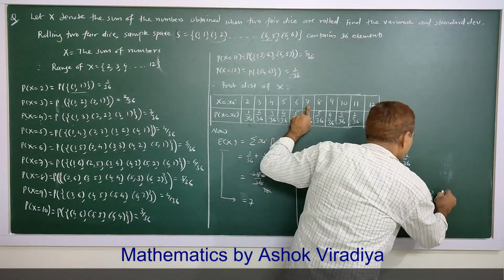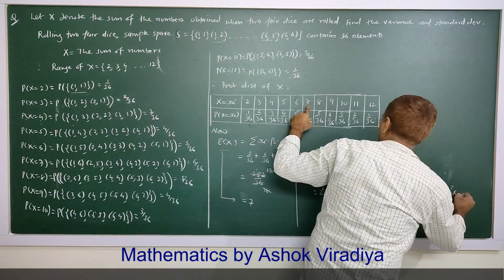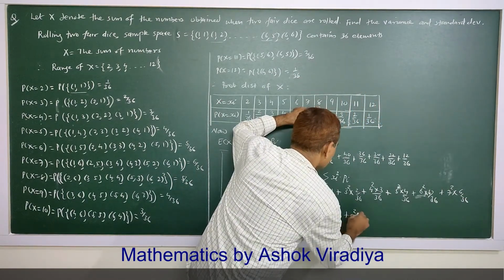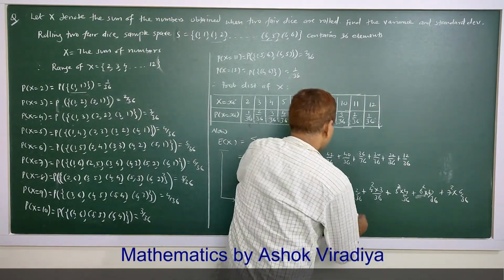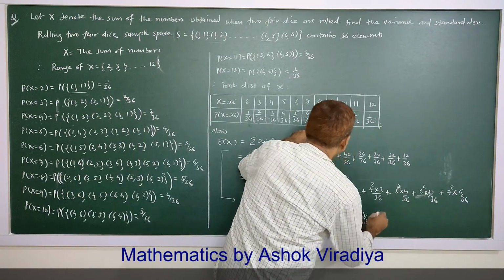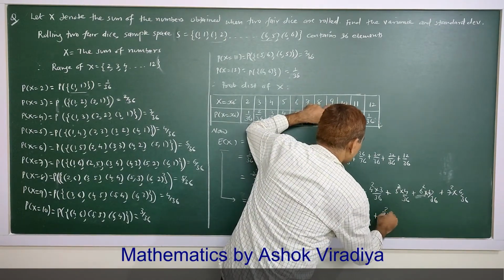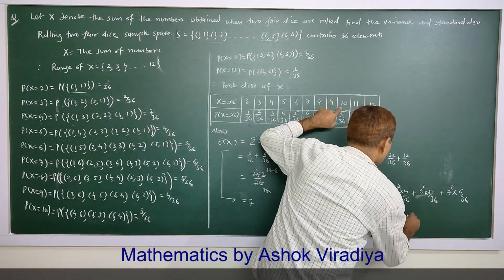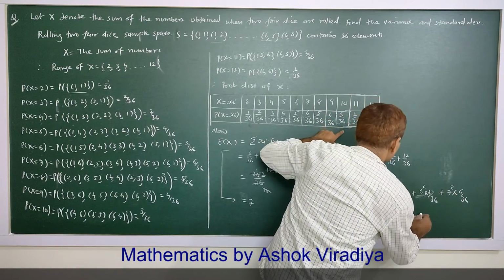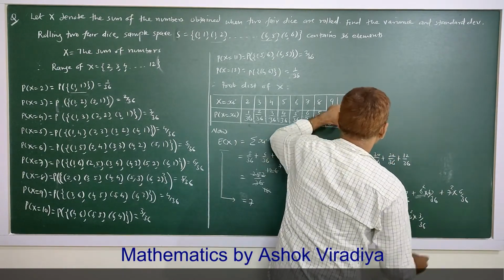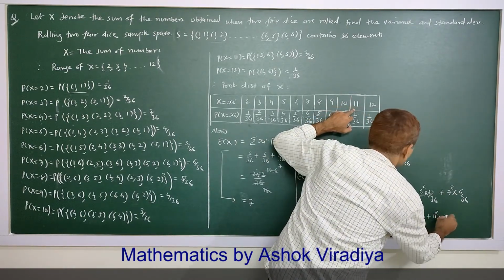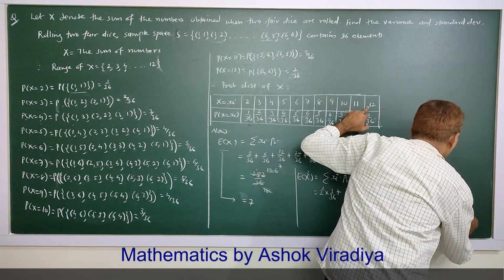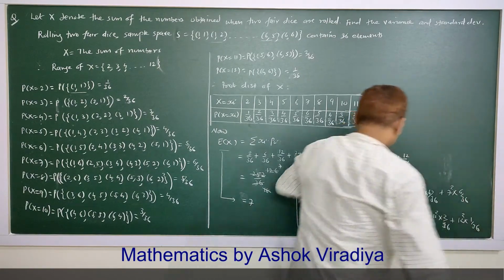7 square into 6 by 36 plus 8 square into 5 by 36 plus 9 square into 4 by 36 plus 10 square into 3 by 36, 11 square into 2 by 36, 12 square into 1 by 36.